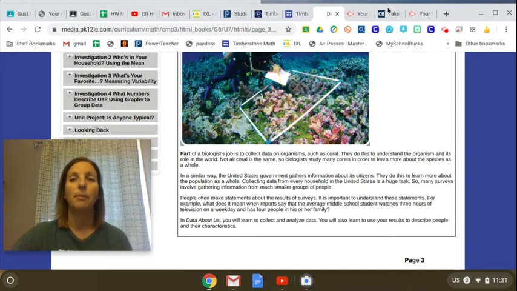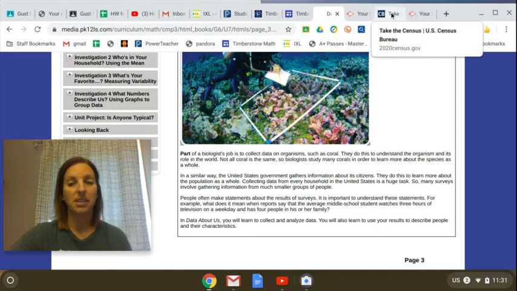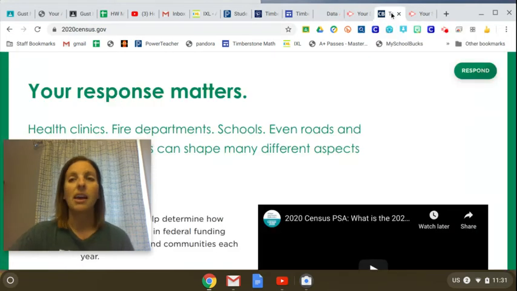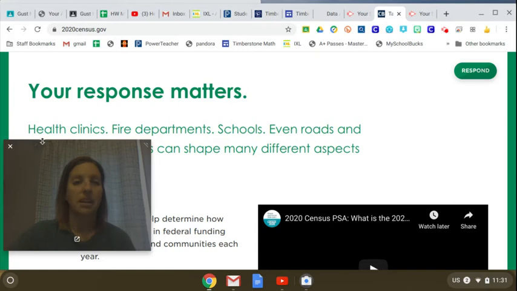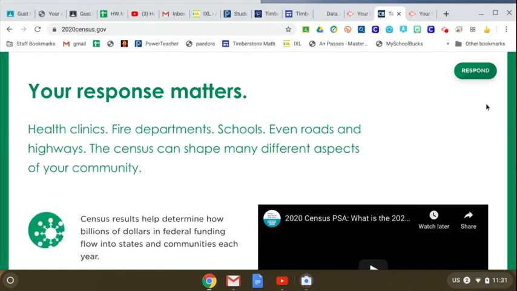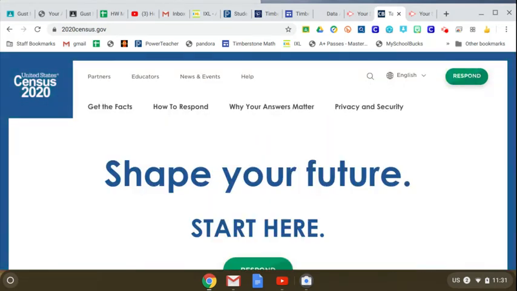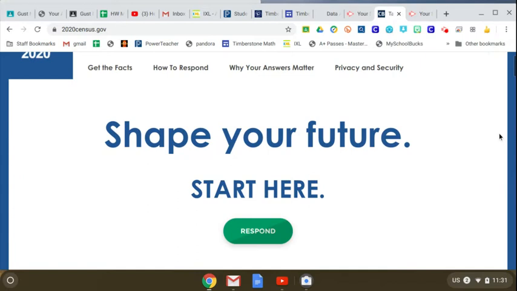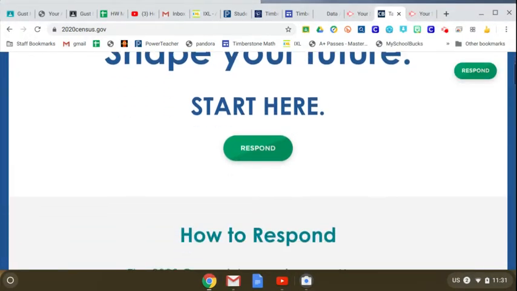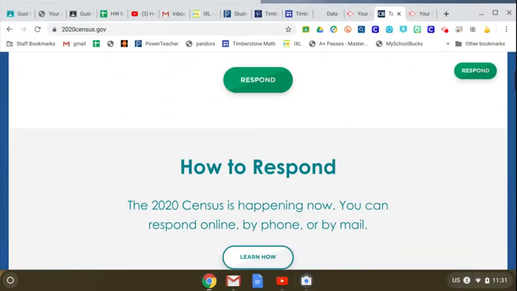So I'm going to take you to a different website, and I want to show you that this is the 2020 census.gov website. What's on this website, if I scroll up for a minute here, is it starts talking about how important the census is.